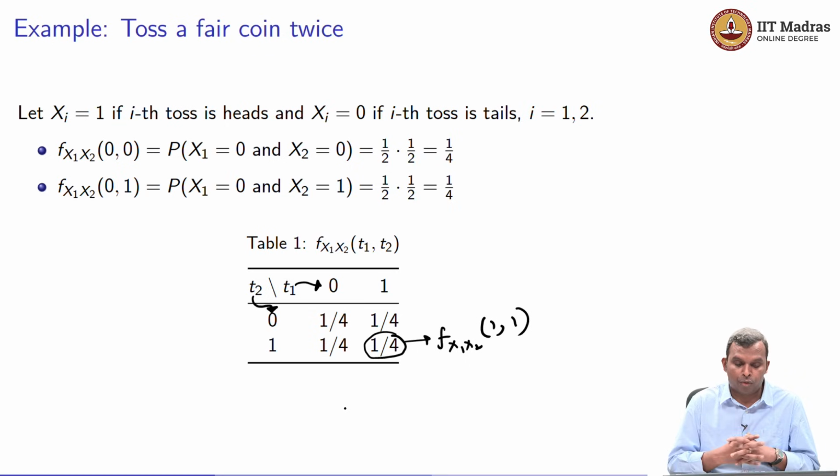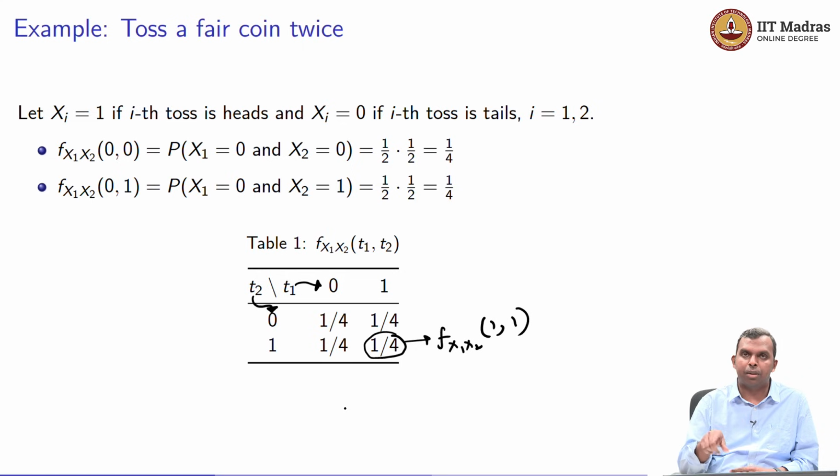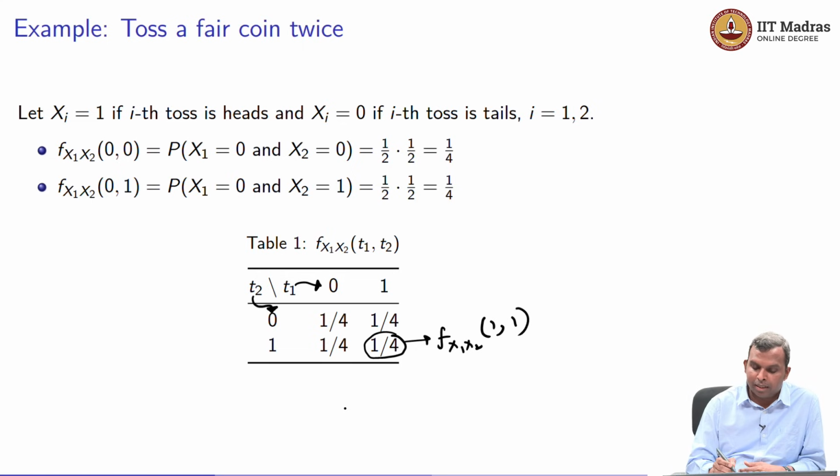So, notice a few interesting and important properties. We'll look at them later as well, but this is easy. Every entry, the PMF will take values between 0 and 1, right. So, that is very clear, and the joint PMF of course takes values between 0 and 1. If you add up the values of all the joint PMFs, so all possible values in this table, you are going to get 1. So, these are two properties that will show up again and again.